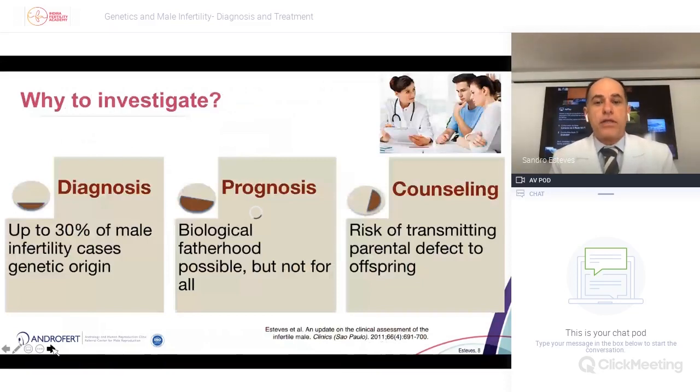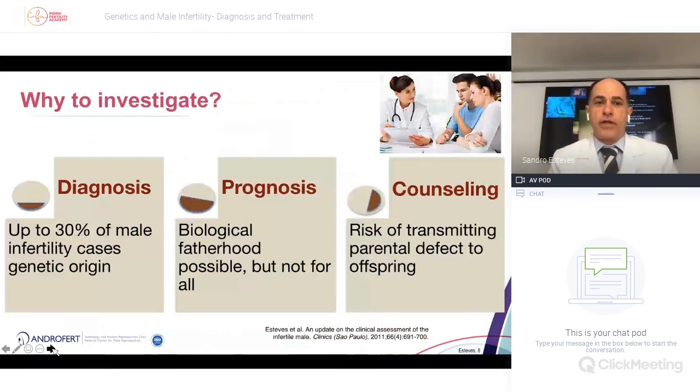Secondly, it's important for prognosis, because biological fatherhood is possible for, let's say, several men with genetic-related infertility, but not for all. And during this talk, you will know which cases will have a good or poor prognosis related to having a biological offspring.